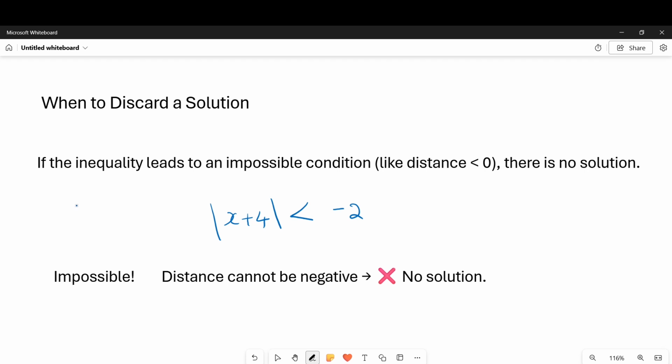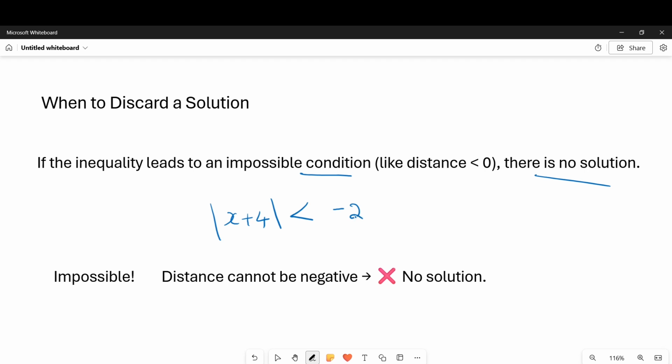If an inequality equation leads to an impossible condition, like distance less than 0, then there is no solution. Distance can never be less than 0, because negative values for distance do not exist; distance is always positive. For example, the absolute value of x plus 4 is less than minus 2.